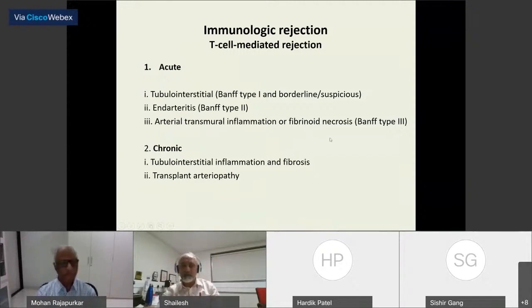Whereas in chronic cell-mediated rejection, there is tubulointerstitial inflammation and fibrosis, along with transplant arteriopathy, where in the intima there is a deposition of type 4 collagen material.